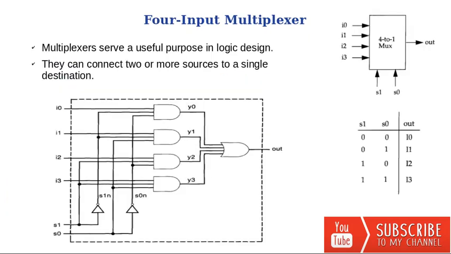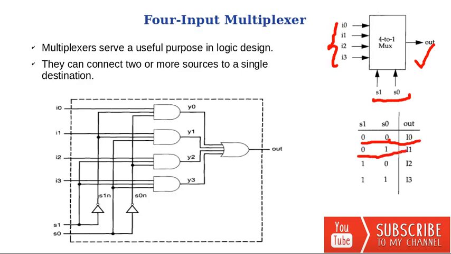Now we discuss the 4 input multiplexer. In this diagram we can see that there are 4 input channels, and because there are 4 input channels, we require 2 select inputs. In the truth table we can see that for 2 select inputs we have 4 possible combinations. For 0 0 we select I0.